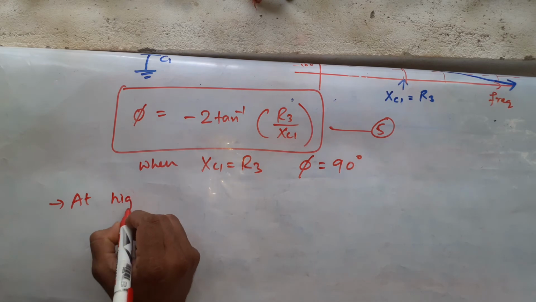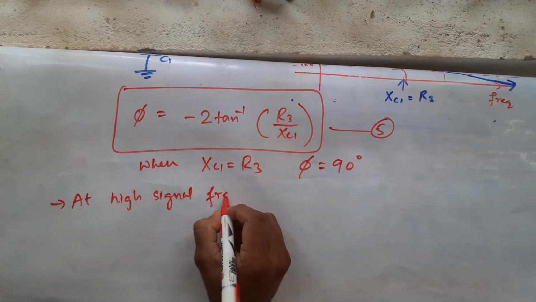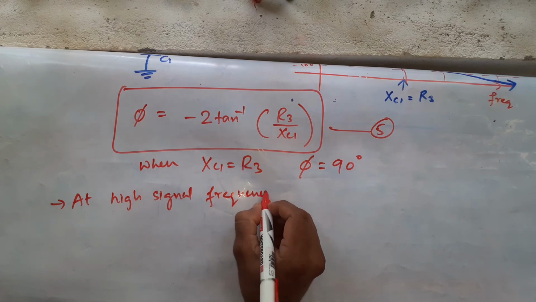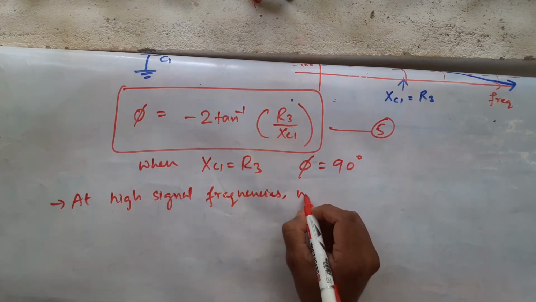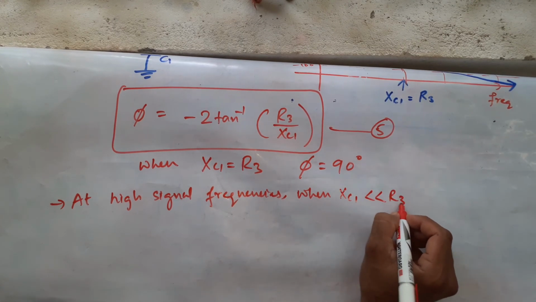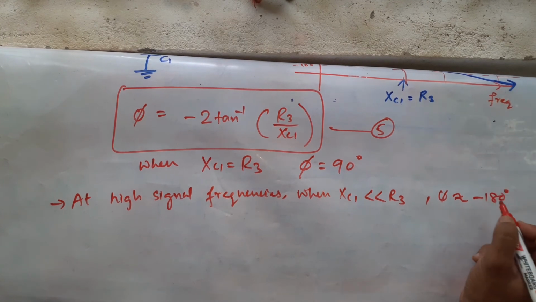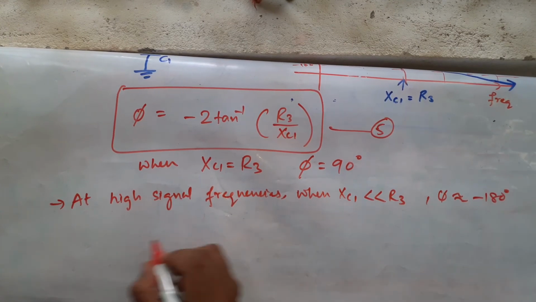Now at high signal frequencies, when XC1 is very less compared to R3, your angle is approximately minus 180 degrees.